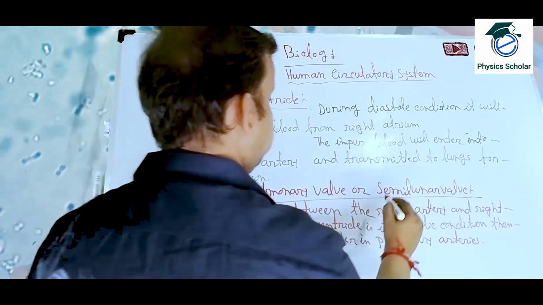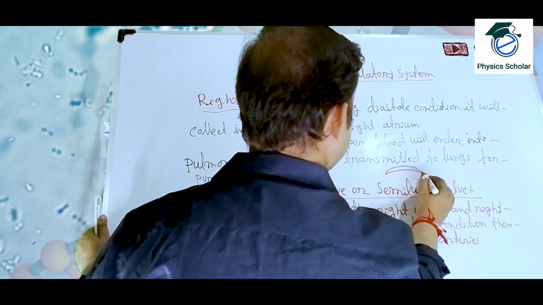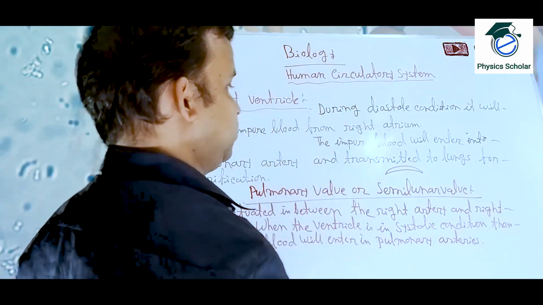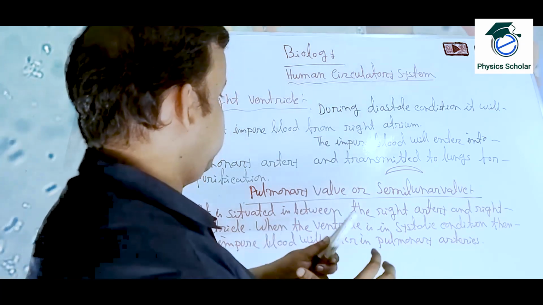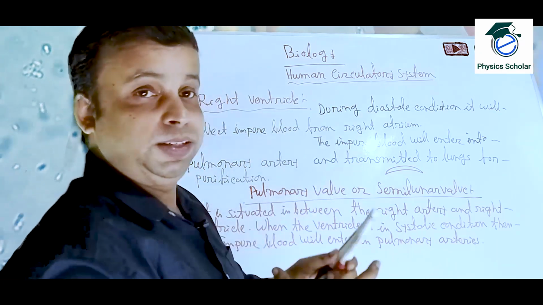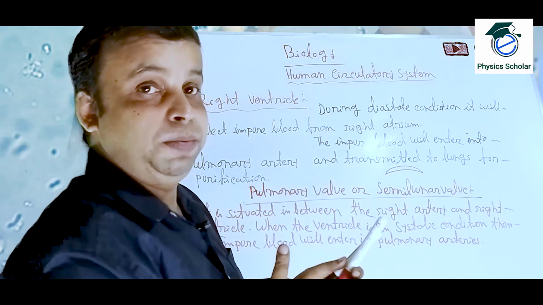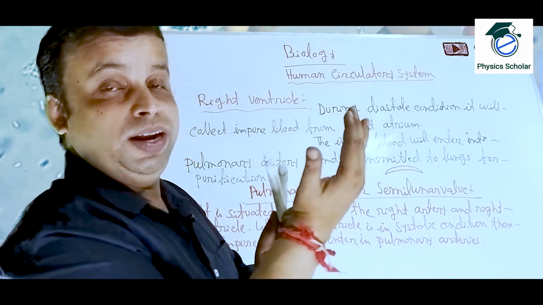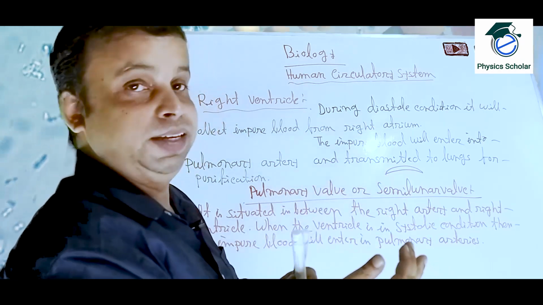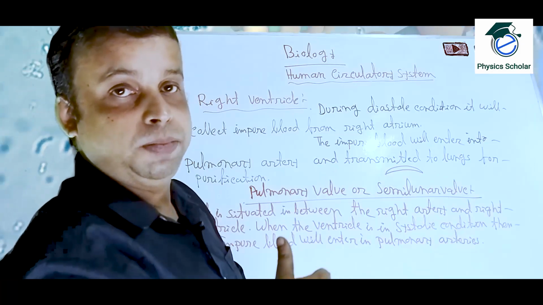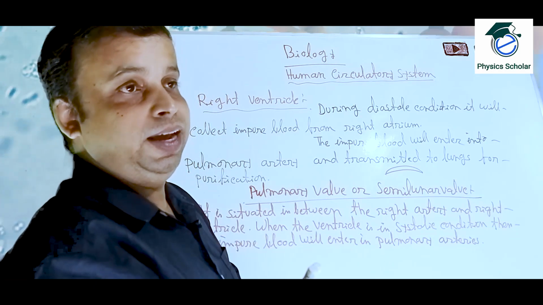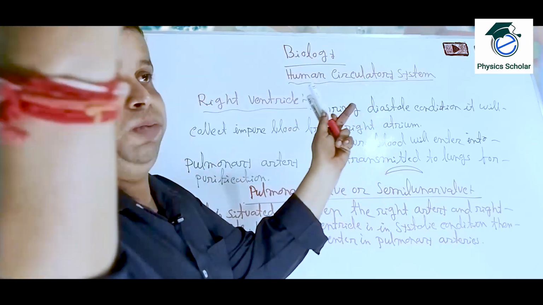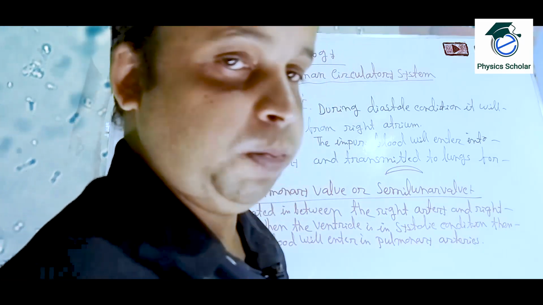Why? Because this semilunar valve will open upwards, it cannot open downwards. So when the ventricle is in systole, from the right ventricle the impure blood will enter the pulmonary artery, so that it can move to the lungs, where it can be purified, and then again it will come to the heart, and it will be distributed to all parts of our body.